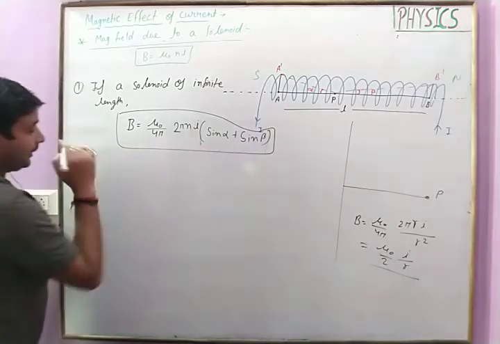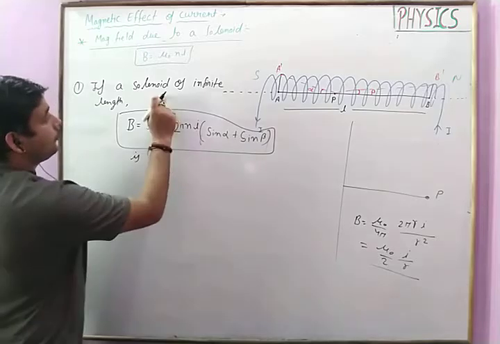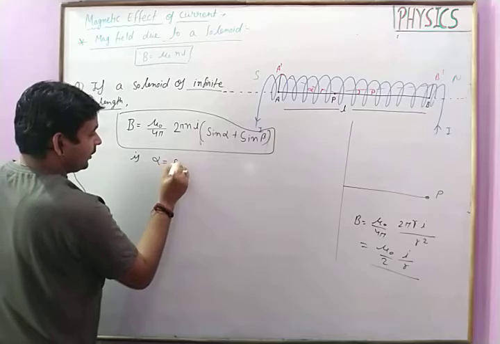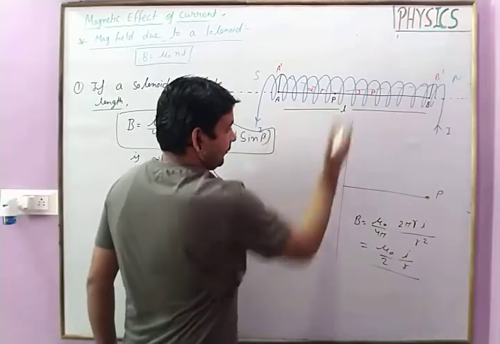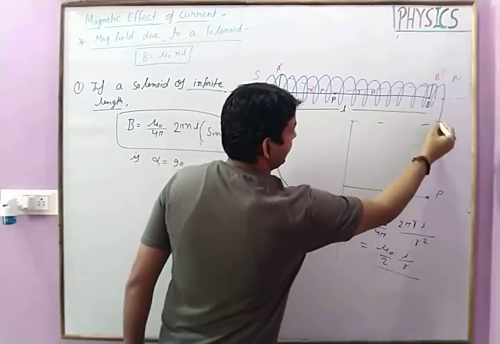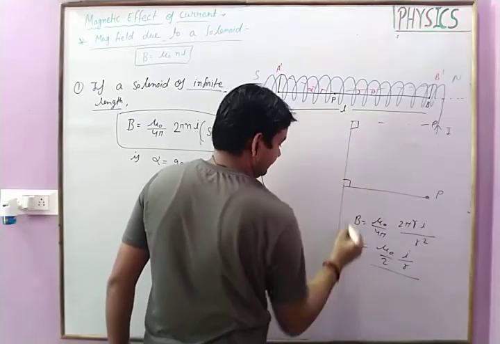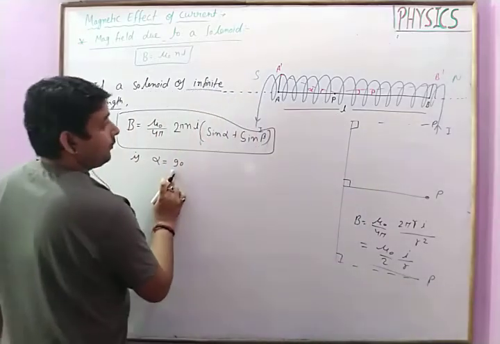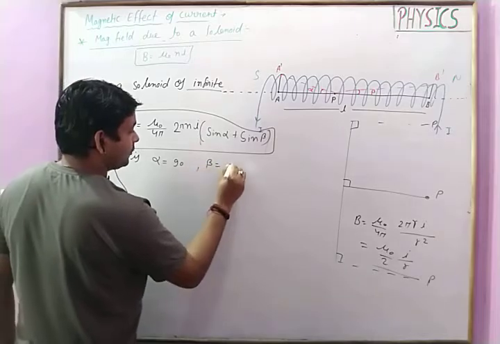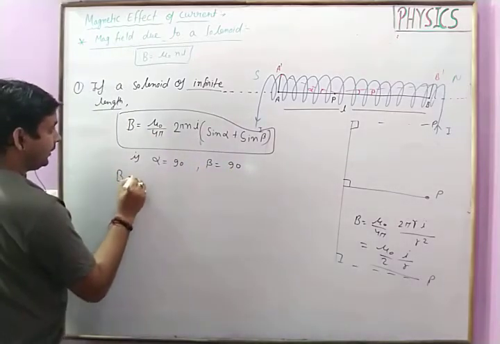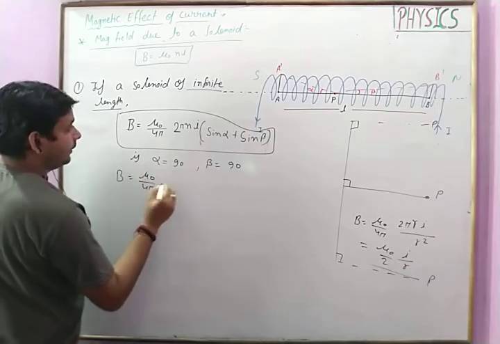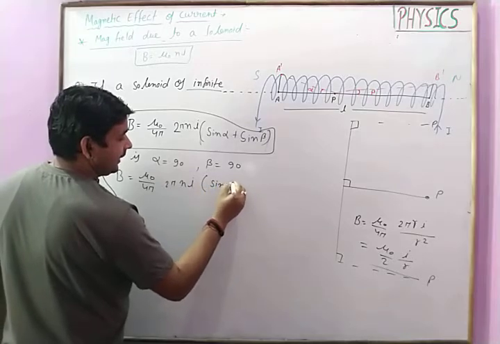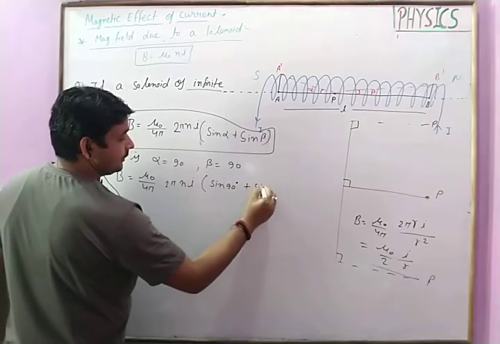Now if we make the condition that for the infinitely long solenoid alpha is equal to 90, because for the infinite length at every point P it is at 90. So the value of alpha is 90 and beta is also 90, therefore B is equal to mu naught upon 4 pi 2 pi n i and sin 90 plus sin 90.